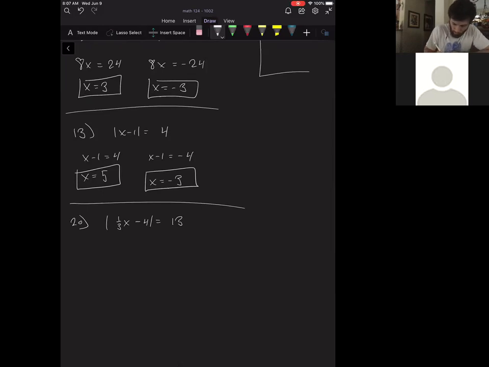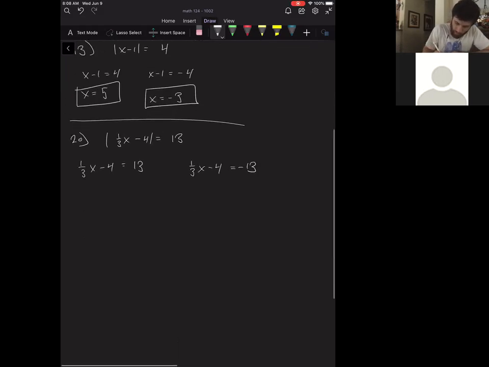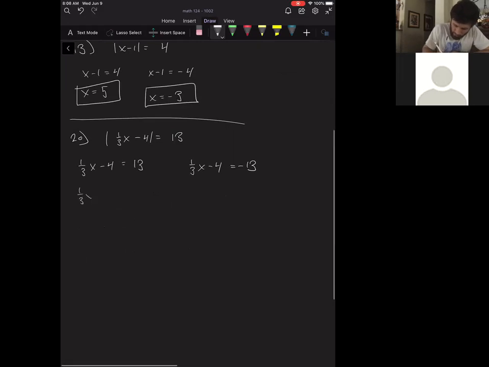So just like before, we're going to have the inside, 1/3 x minus 4, equal 13, and it's also going to equal minus 13. So just add the 4 over. We're going to get 1/3 x is equal to 17. Then we multiply by 3. So x is going to equal 51.